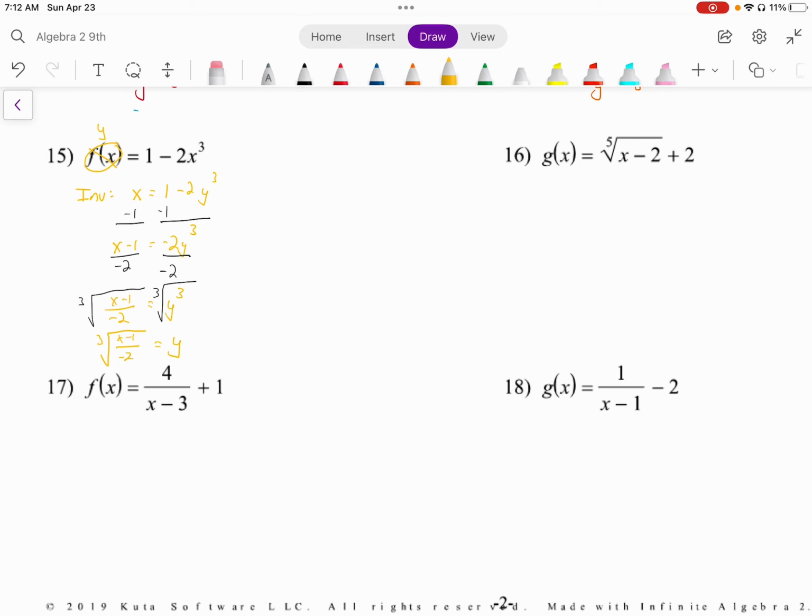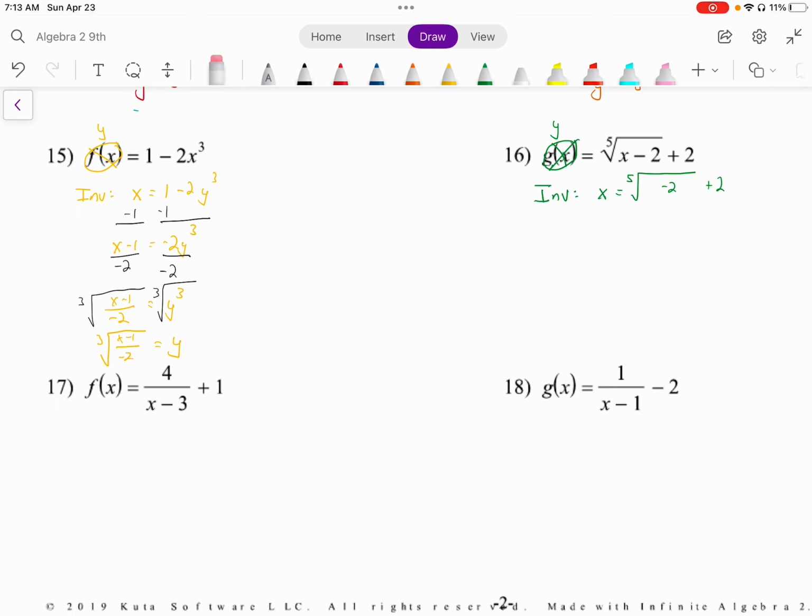All right, number 16. Once again, we'll think of g of x as y. And so our inverse, we're going to switch the x and y. So we will write x equals the 5th root of x minus 2 plus 2. Except I messed up there because I put x minus 2.